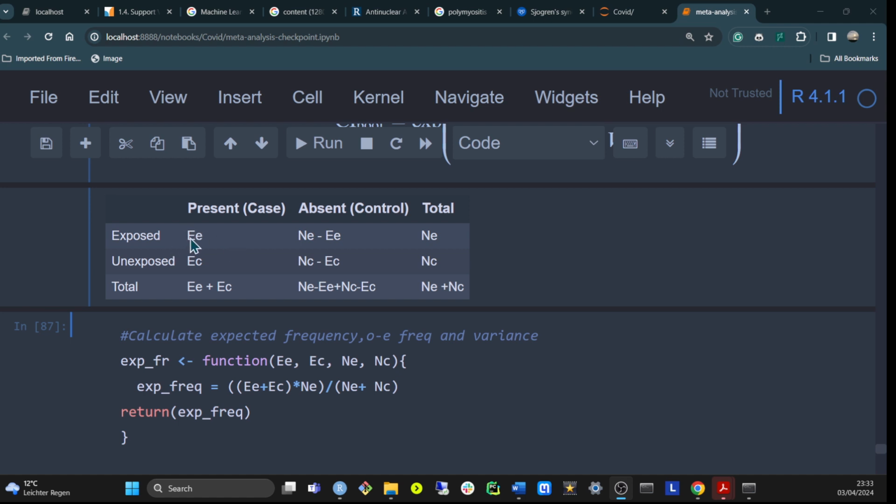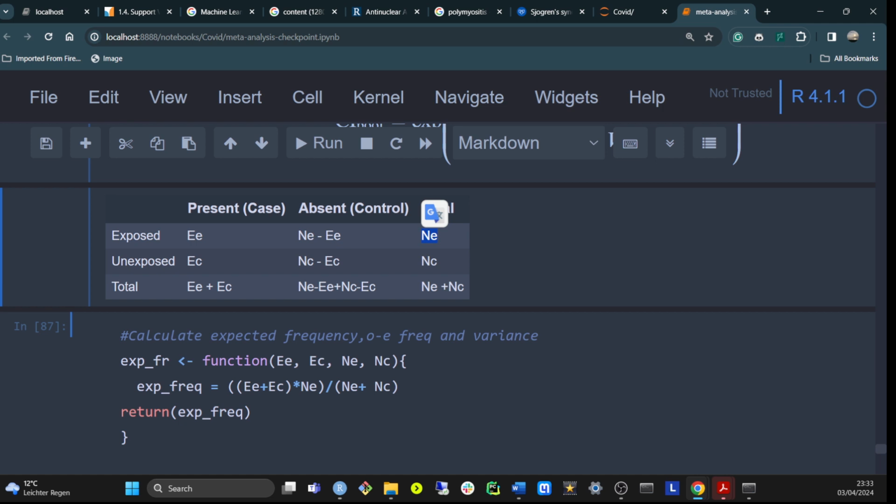So here, this is what we get: observed, expected, variance. We take the observed minus expected divided by the variance, and then we exponentiate it. That's how we calculate the whole thing. Once you have the expected value and the variance, then pooling is quite straightforward. So let me run this.